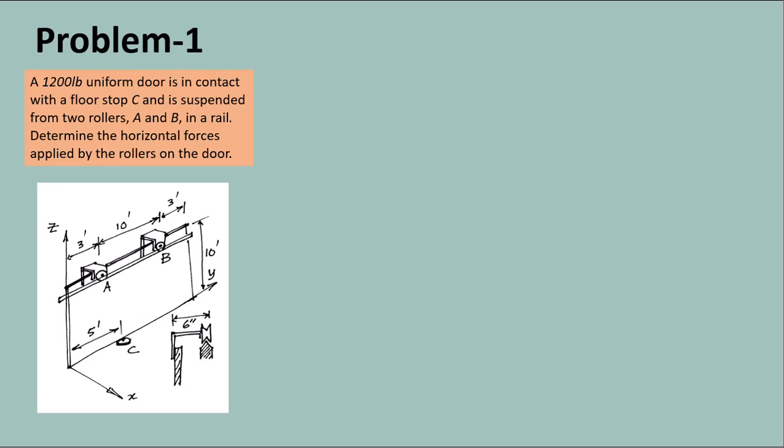Let's look at the roller at A. The roller at A applies a push force and a contact force. The contact force is vertically upward because the roller is resting on the rail, and there is another push force just because the roller is sitting on this notch.